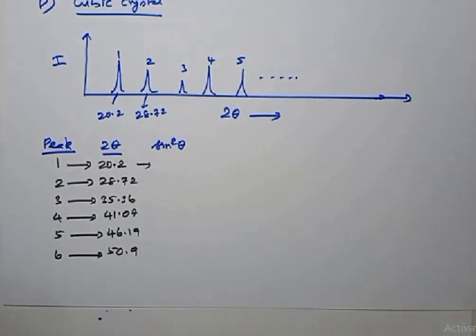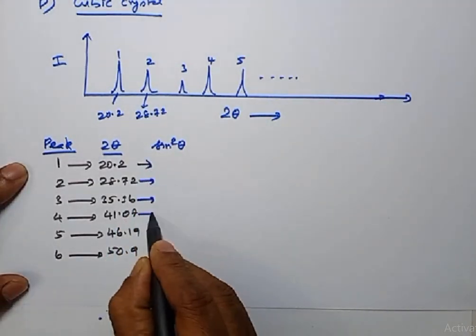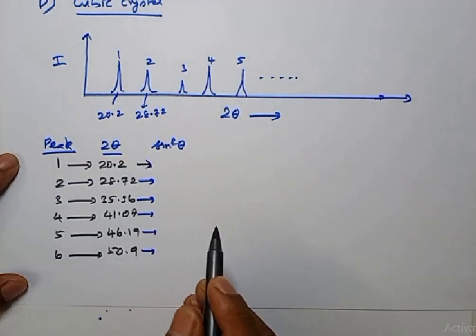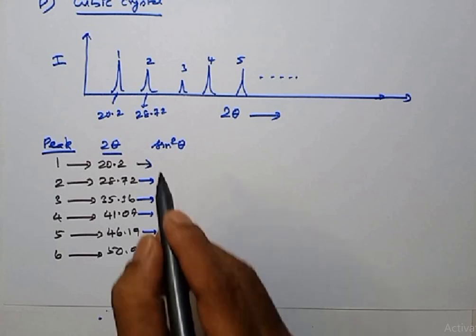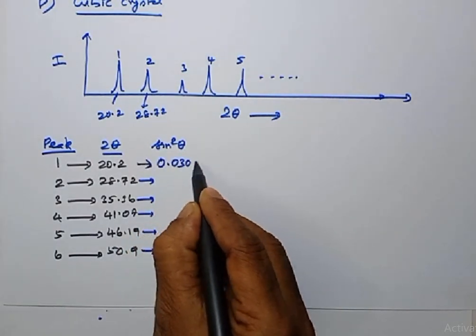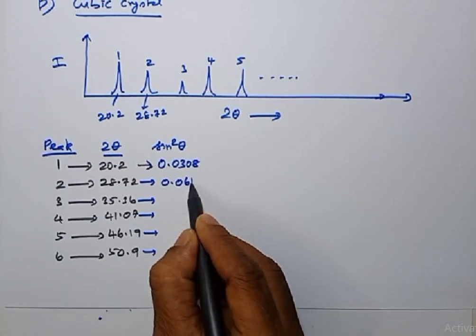I'll write the values. I'm not going to show you the complete calculation. All these values I have calculated already, and I'm going to give you the answers. If you take sine square theta for this, you will get a value of 0.0308, and for this we'll get 0.0615.